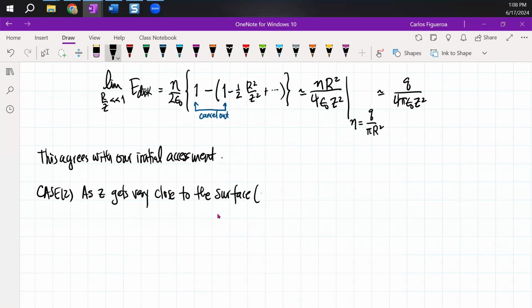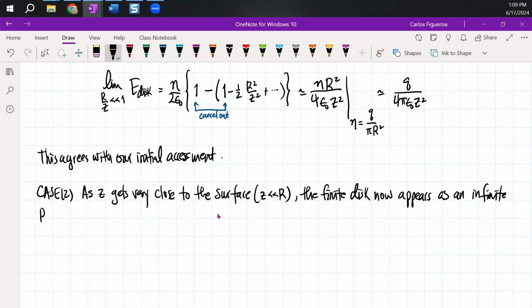That really means that z here is much, much smaller than R. The finite disk now appears gigantic. It appears as an infinite plane.